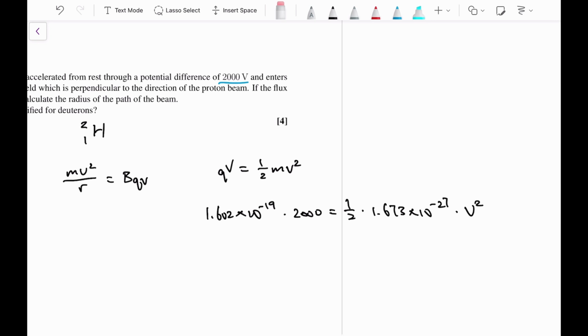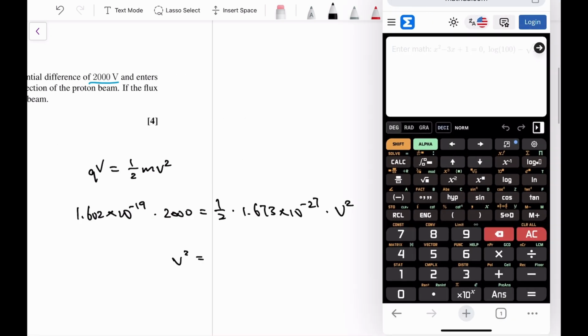So the velocity squared will be the elementary charge of a proton times 2000, times 2 from the other side, divided by the mass, 1.673 times 10 to the negative 27. That gives us a rather large number.